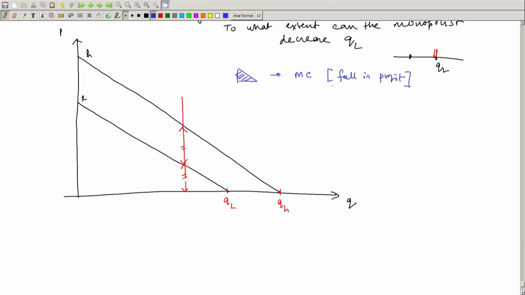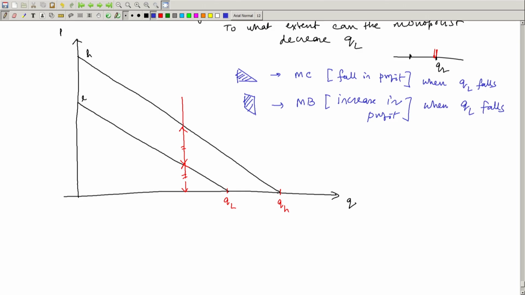So, there is a fall in profit when QL falls, and this trapezoidal area earlier as the marginal benefit, which is the increase in profit when QL falls, right. So, by offering a lower quality to the L type, essentially my profit from the L type is decreasing, and there is the trapezoidal area which can be interpreted as an increase in profit when QL falls.